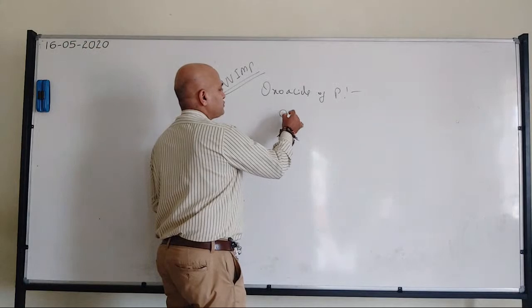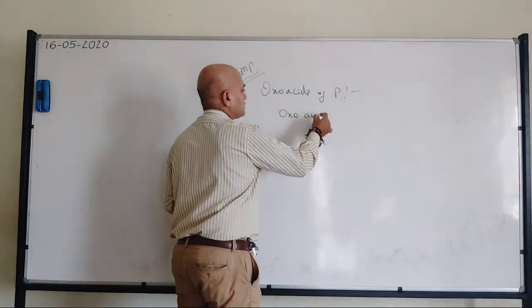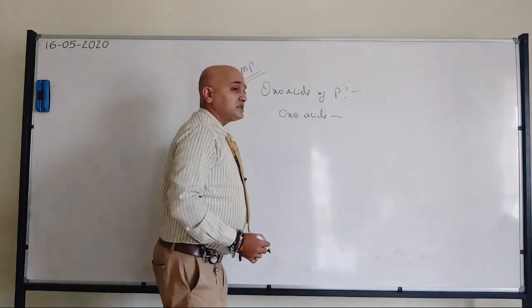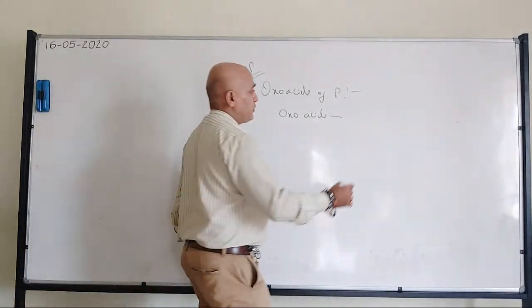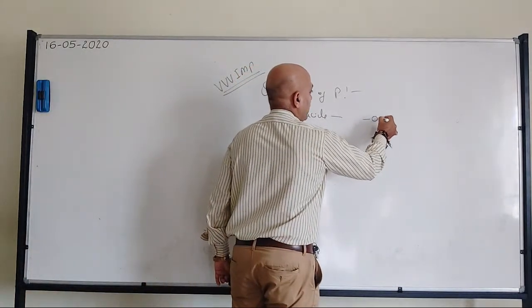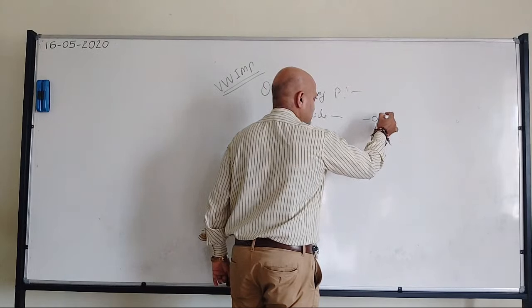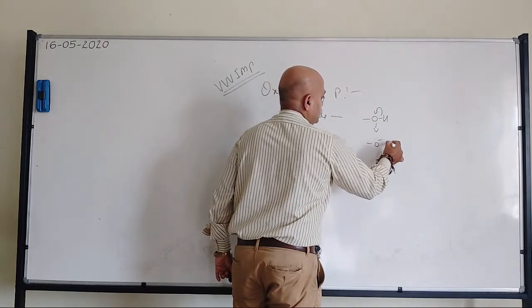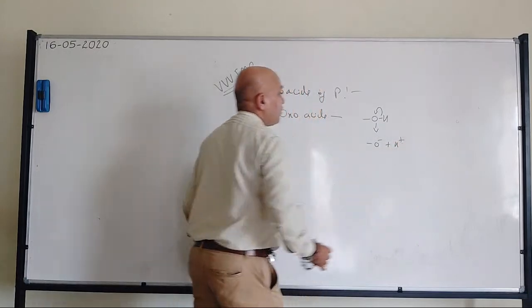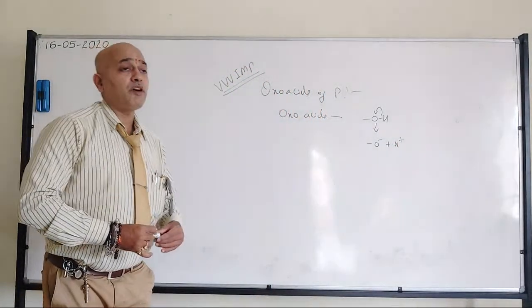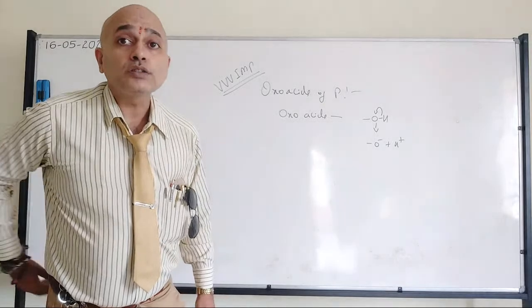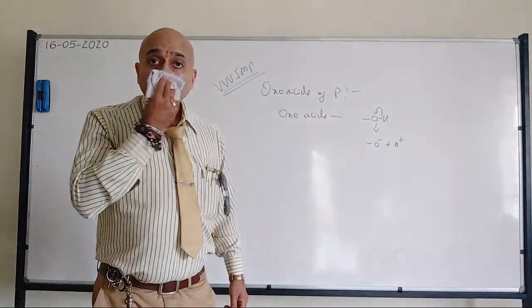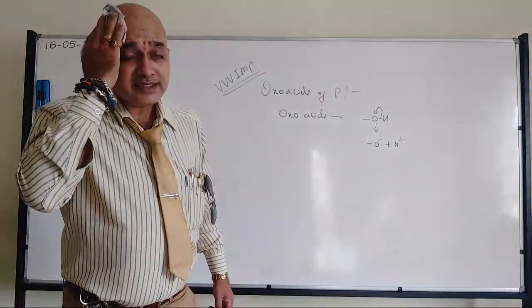Now, first thing we should know is what do you mean by oxo acids. Oxo acids are those compounds which are having OH linkage. That means which is going to donate H plus by dissociation of the OH bond. Those types of acids are called oxo acids. So what do you mean by oxo acids?